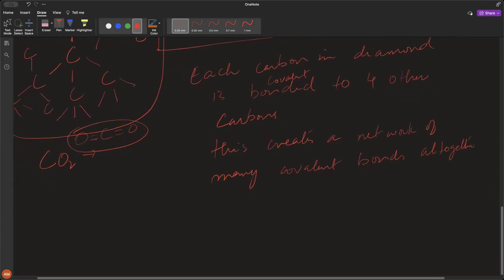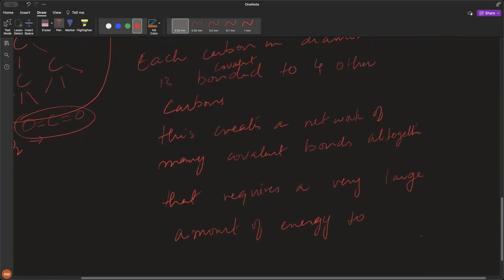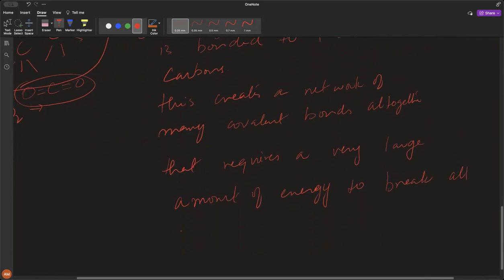This creates a network of many covalent bonds altogether that requires a very large amount of energy to break all of these covalent bonds.